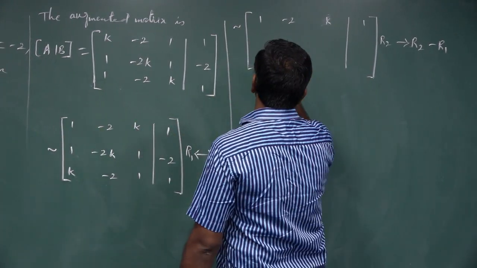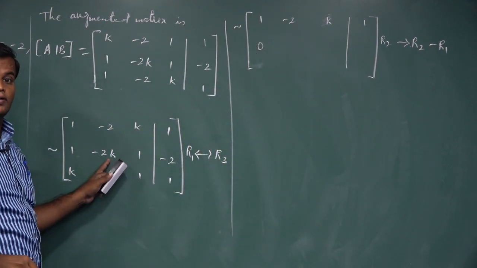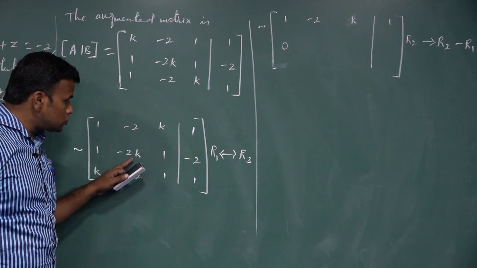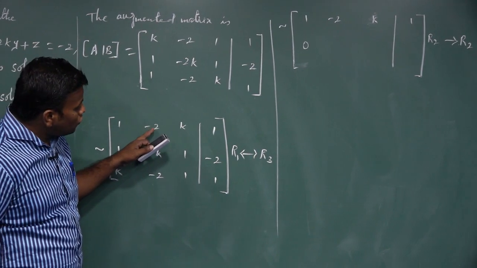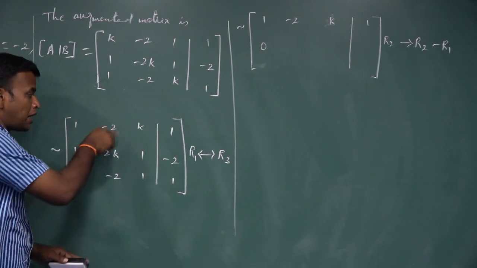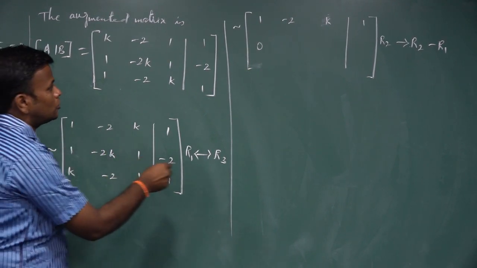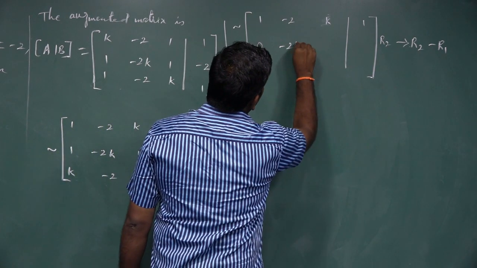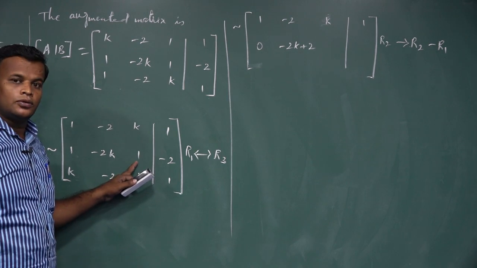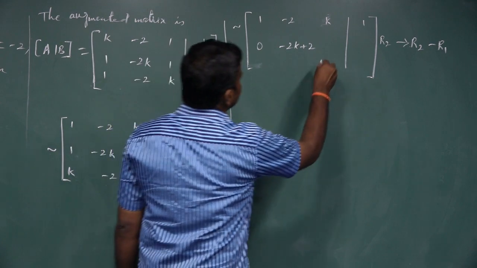1 minus 1 is 0. Important here is the value of k. We don't have the value of k. How to write R2? R2 minus R1. So minus 2k minus of minus 2. Minus 2k minus of minus 2 is plus 2. So we write minus 2k plus 2, which is 2 times 1 minus k.